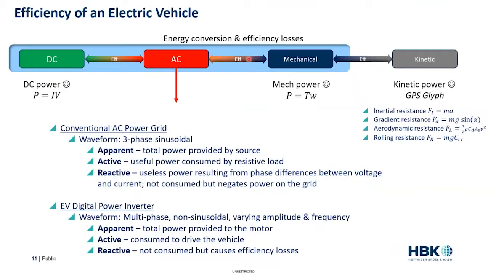So again, our apparent power now is the total power provided to the motor. The active is that which is consumed in actually doing useful work in the vehicle and driving our wheels. And the reactive power is not consumed, but it does cause efficiency losses. So the higher the reactive power, the more losses we're going to get. So as engineers, we want to minimize the reactive and maximize the active power. That's what we're trying to look at.